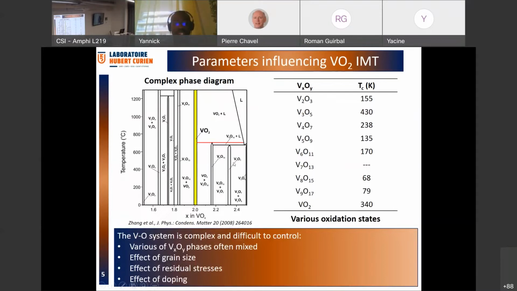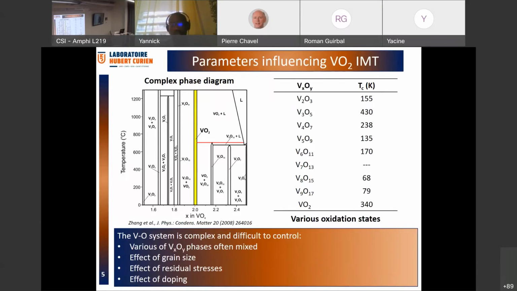The vanadium oxide system is a bit complex, as you can see here in the phase diagram. It can also present various oxidation states, each with its own phase transition. So it can be difficult to control this system because of the various vanadium oxide phases that are often mixed.